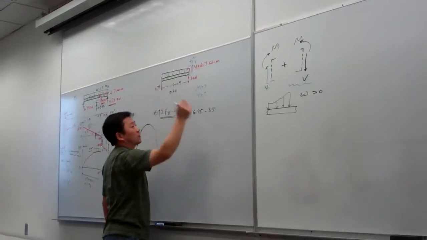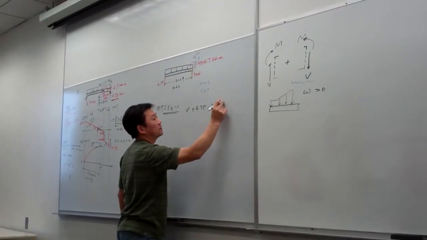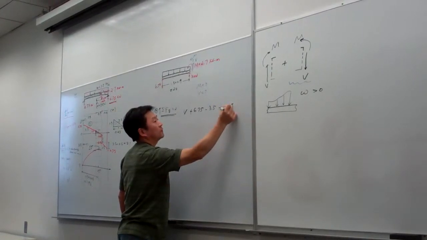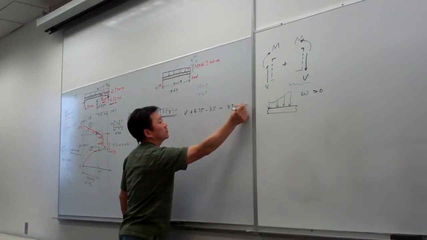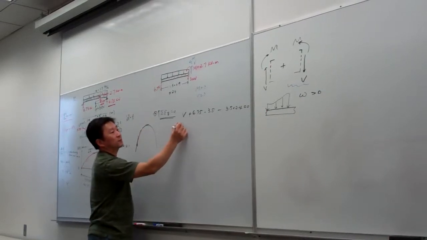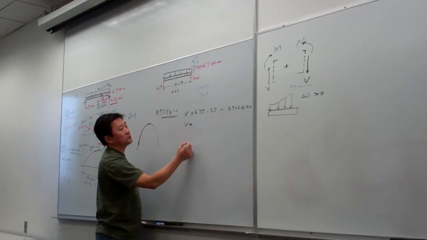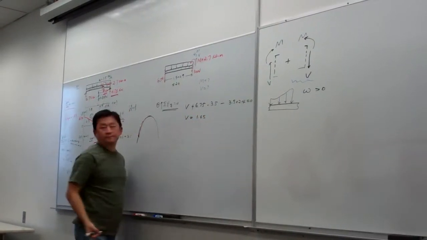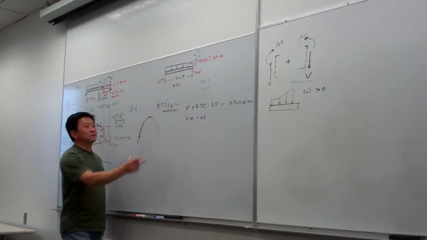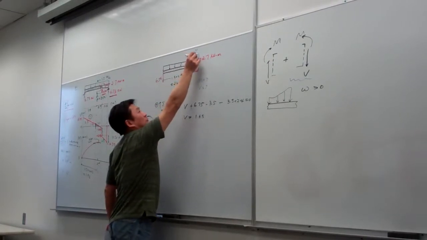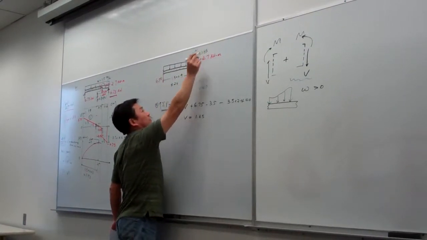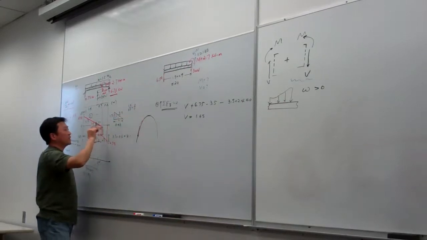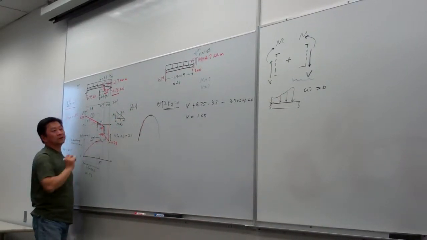And then the distributed loading, that is downward, 3.5 times 2.4. This one must be equal to 0. So from here we can see V should be equal to how much? 1.65. Okay, so V here equals 1.65 and upward, and then we pick up our sign convention, so that should be this amount minus here.